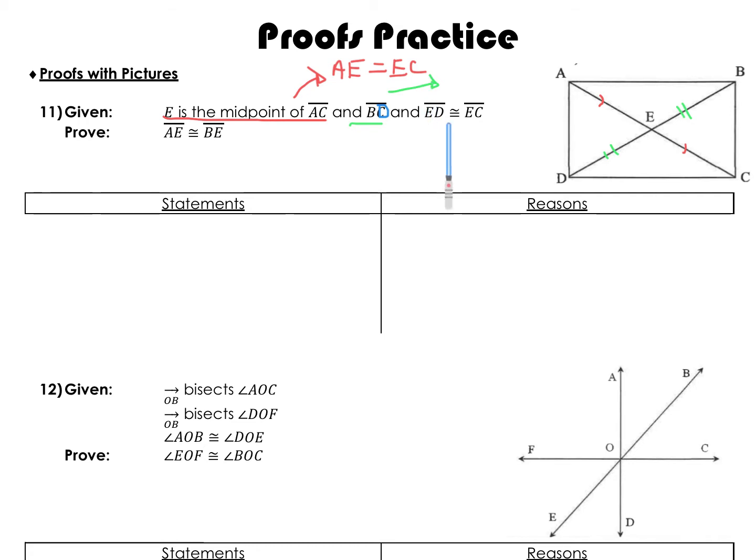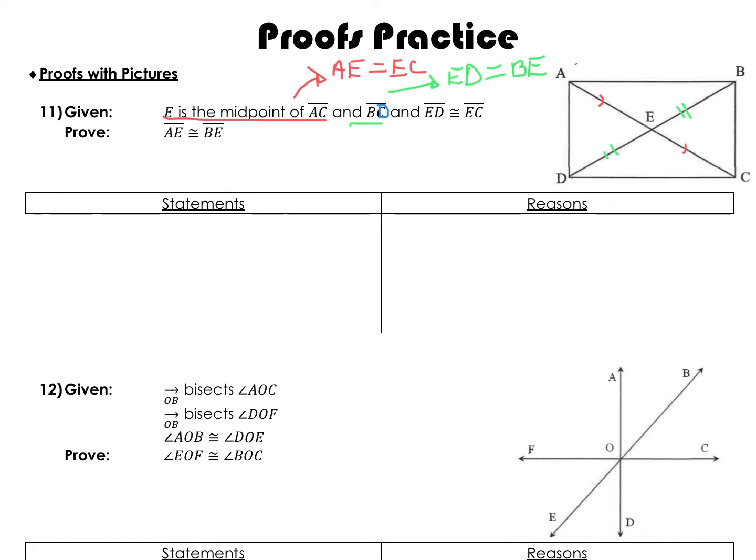So ED is equal to EB. And again, instead of EB, I want to use BE because that's what they're using over here. So we want to always try to use the same notation as may already be in our proof, because it does make a difference. So those are the conclusions I can make from the midpoint.